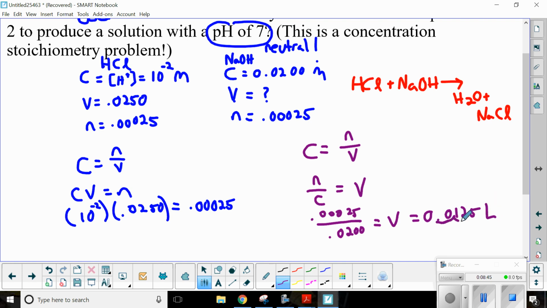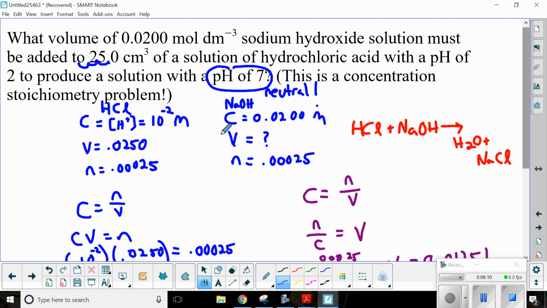Move that 1, 2, 3, 12.5 milliliters. And I don't remember what answer that was on the multiple choice quiz, but I do remember that is the correct answer. So the trick is, it's a solution stoichiometry problem. The only additional step here is to recognize that pH for a strong acid just indicates the concentration of hydrogens.